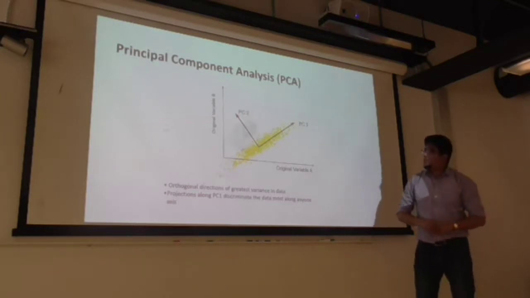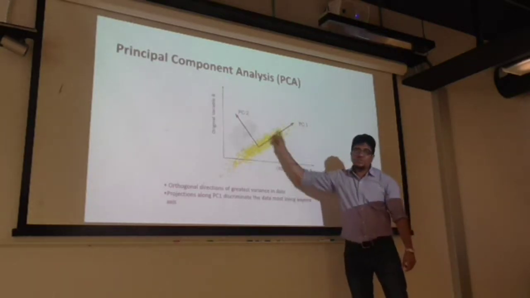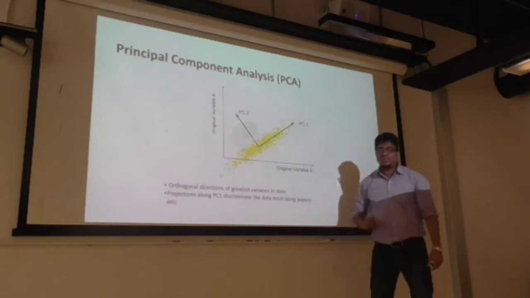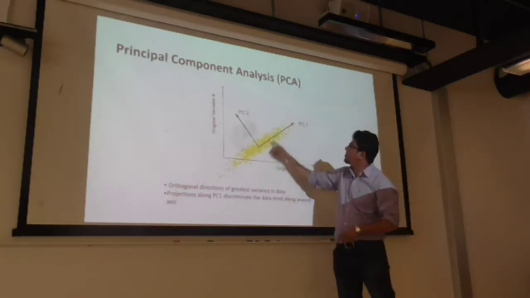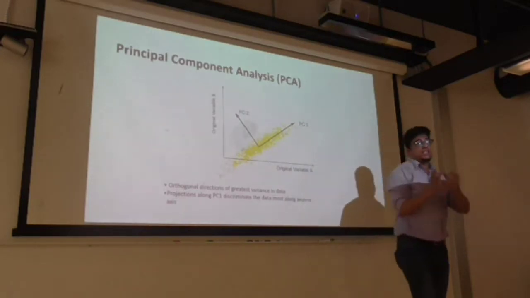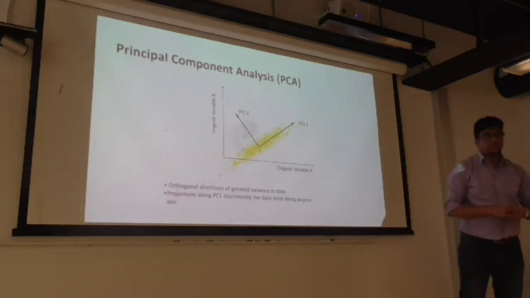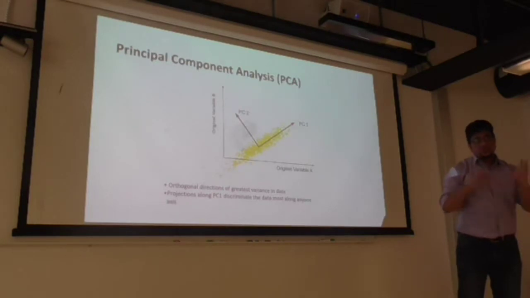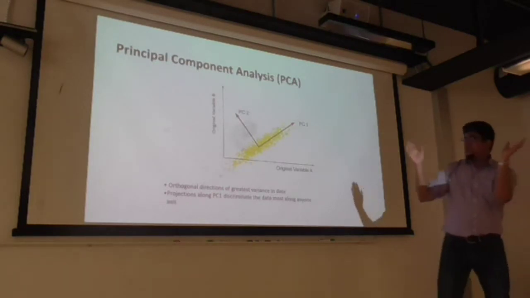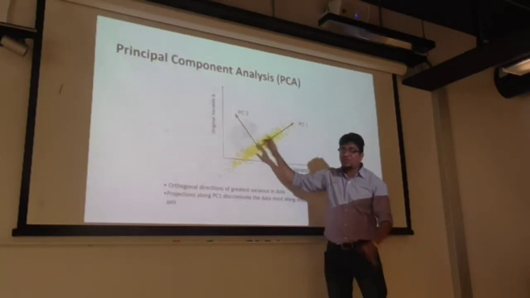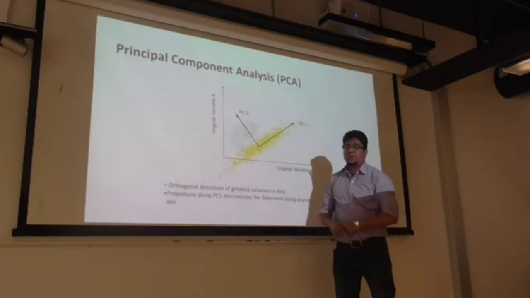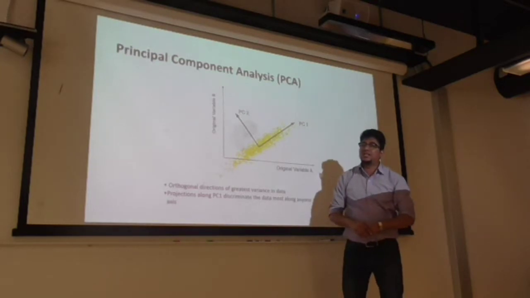You can see over here the data in a 2D plot. When you look at the data, you can see that there can be two main directions in which the data varies. So we can get two principal components, and we can apply them to our original data.